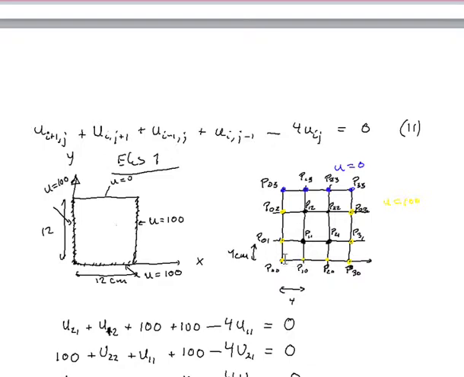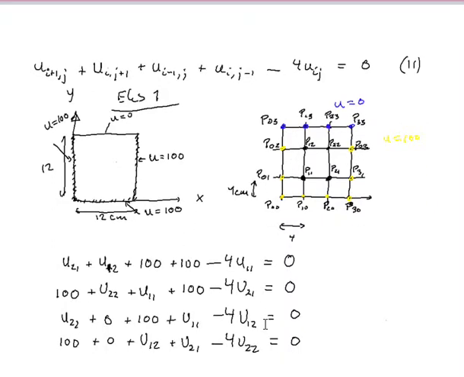Note that we already have the values on the boundary. We note that there are only 4 points where the solution is unknown, these interior points.